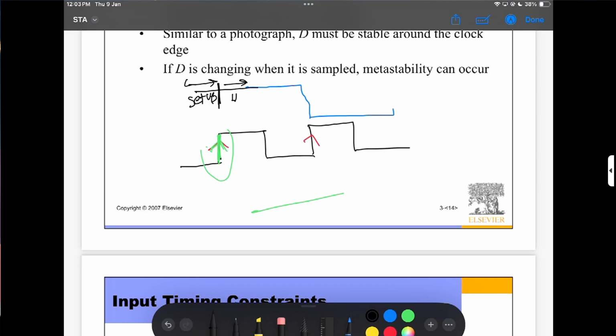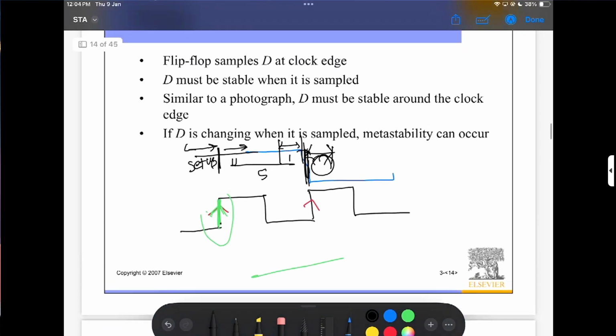Here the setup time is not an issue. Maybe the setup time is 1 nanosecond but the total is 5 nanoseconds, so setup time is not the issue, but the problem is the hold. My hold is also violating, so it simply goes to the metastability condition.